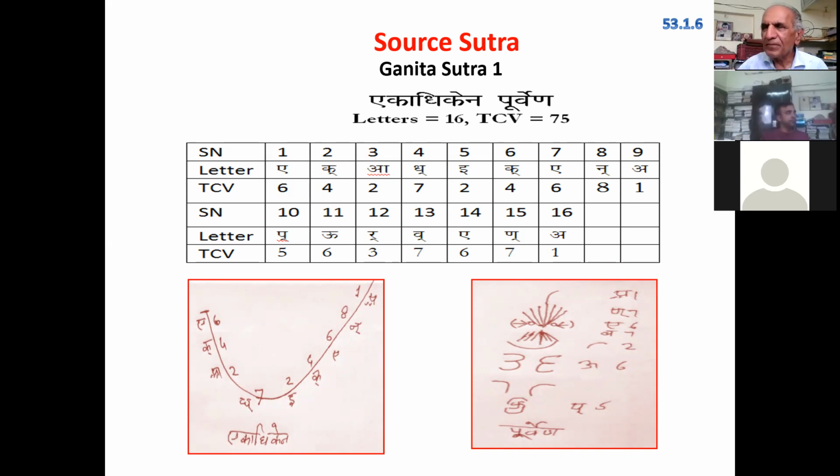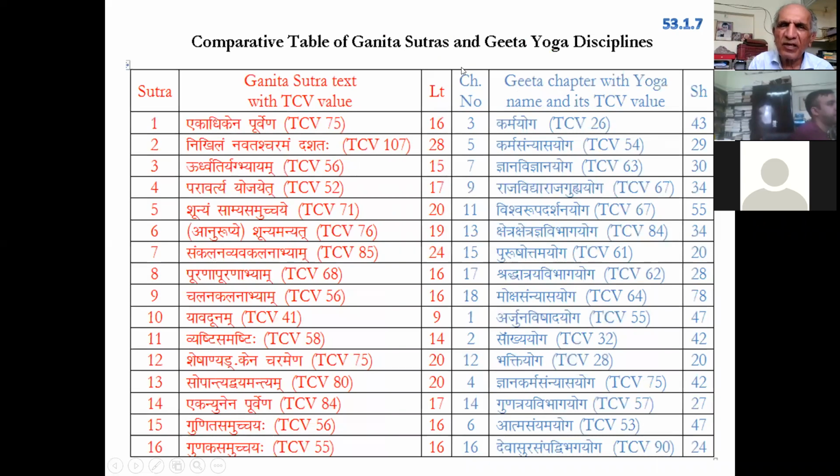A step ahead, the initial foundational learning step is that these structural keys preserved in the text of Ganita Sutra 1 are ultimately leading us to the comparative table of the Ganita Sutras mathematical domains and yoga disciplines of the Gita.